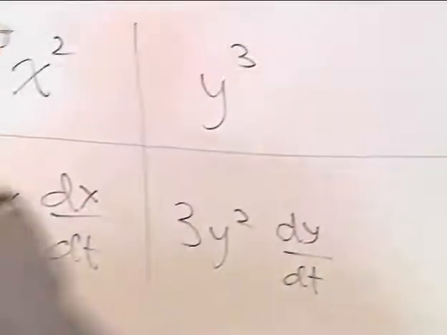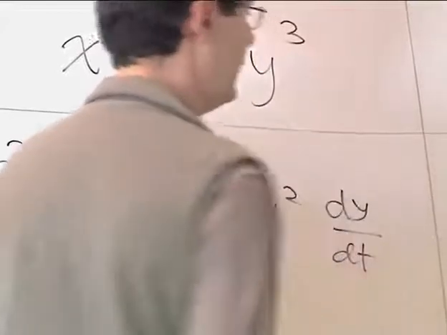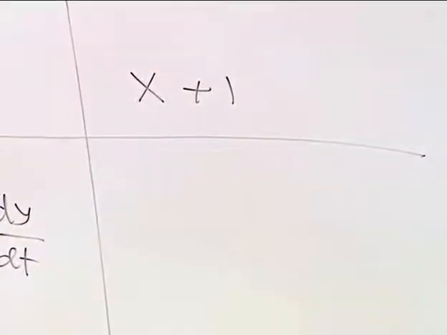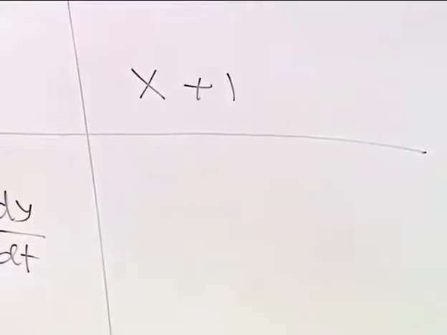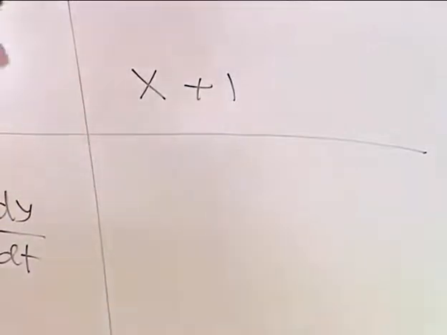If you're doing implicit differentiation and you see this, what do you see there? Yeah, it should be 1, but you have always to put a dx dt.